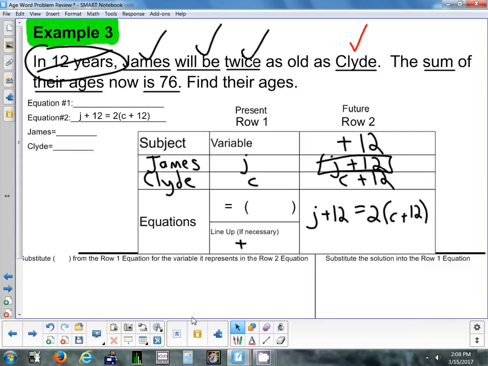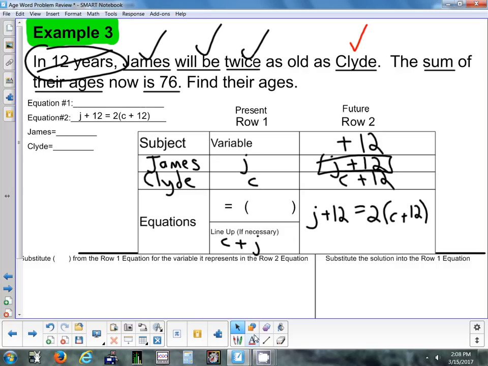So, the sum of James and Clyde now. How would I represent the sum of James and Clyde now? I don't know how old they are, but I have information there that I can at least write in to get me on the right track. What do you think, Josh? C plus J. Yep, C plus J. Notice, we got this lined up if necessary. All right? C plus J, okay.